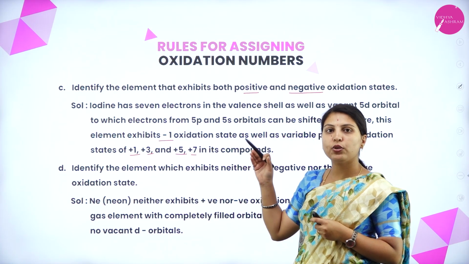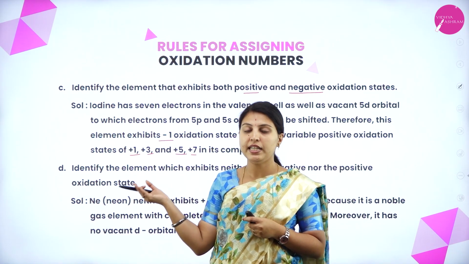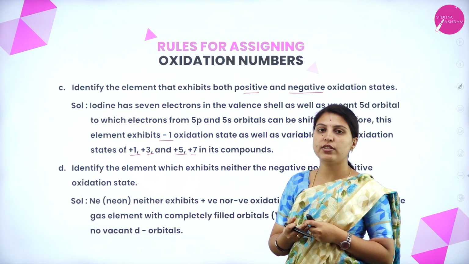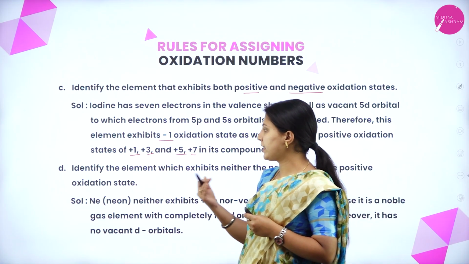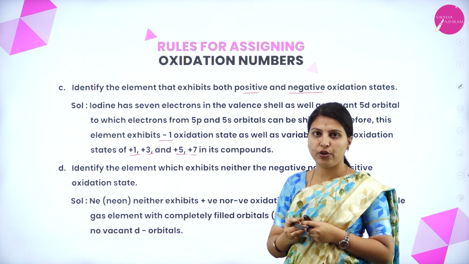Okay. As group 17, it will exhibit minus 1 oxidation number. Since it is having 5d vacant orbitals and 7 electrons in its valence shell, it can exhibit positive and variable oxidation states also.